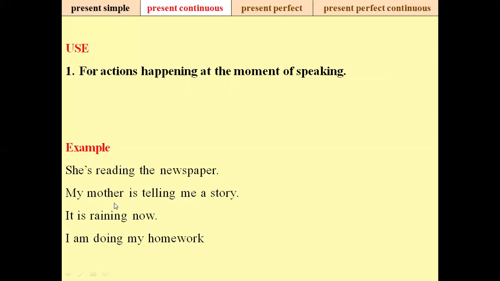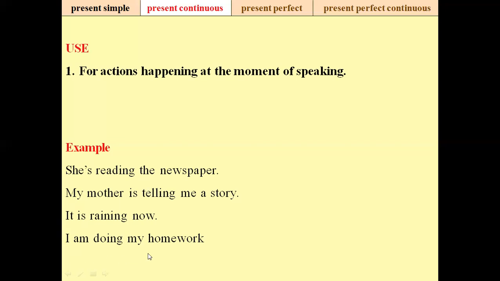Second example, my mother is telling me a story. This is happening now, at the present moment, so I am using the continuous present tense. It is raining now. This is happening now at the present moment, so I am using the present continuous tense. I am doing my homework.